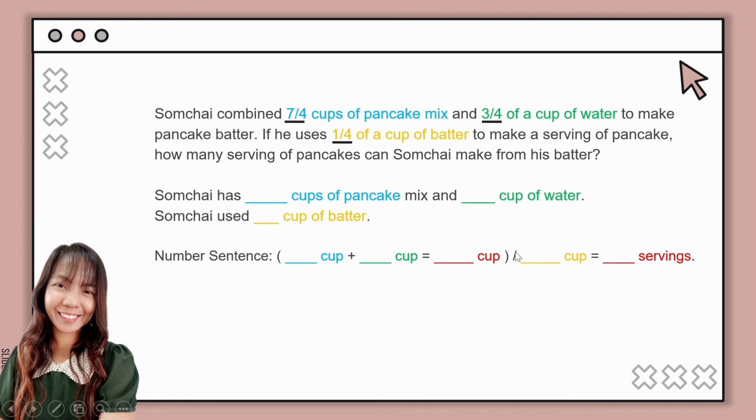And then this one means divide. You have to divide your answer here by yellow, the 1 over 4, and then equals blank, your answer. Okay? Again, whatever your final answer here, you have to write again here for the complete answer.